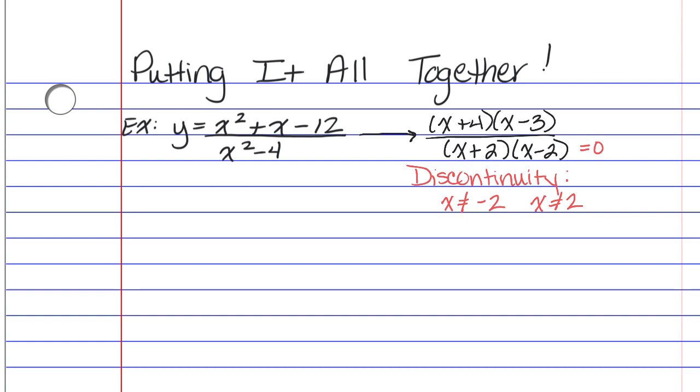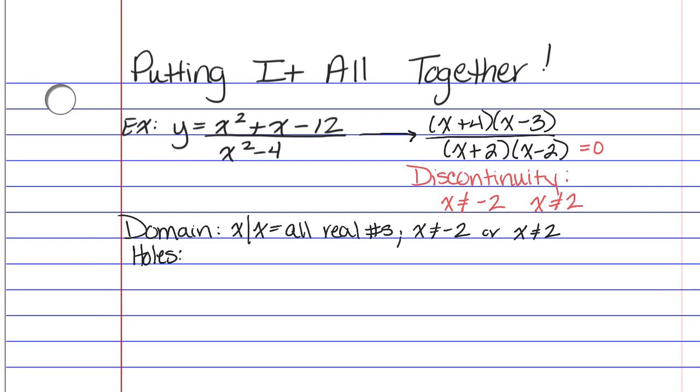So the domain of my function is all real numbers where x cannot equal negative 2 or x cannot equal 2. As far as holes are concerned, both of these are non-removable, so we do not actually have any holes in our graph.